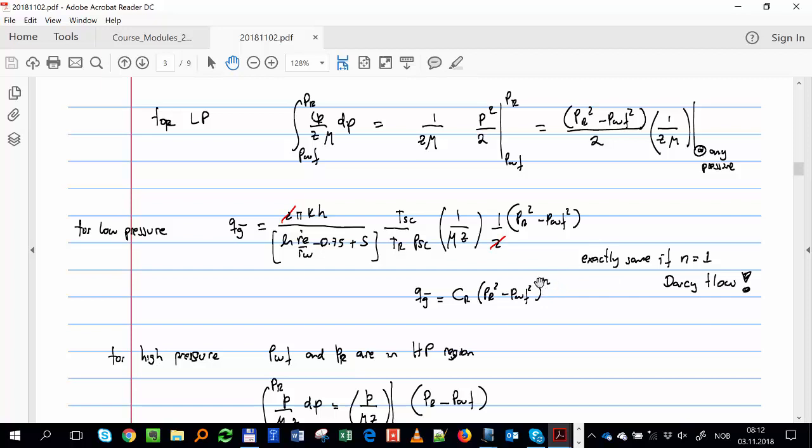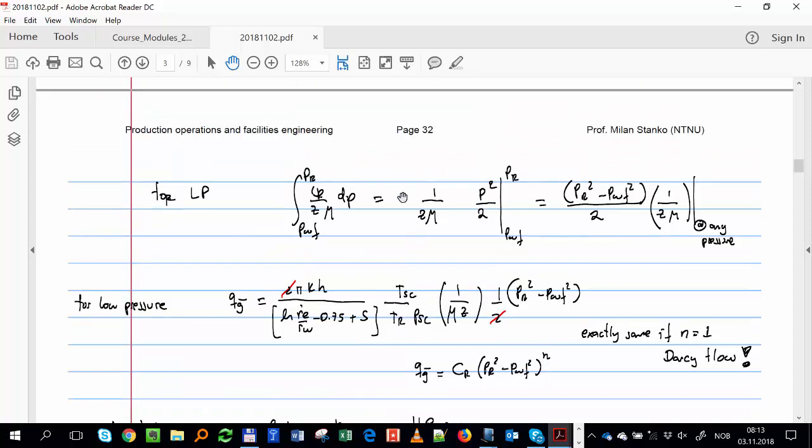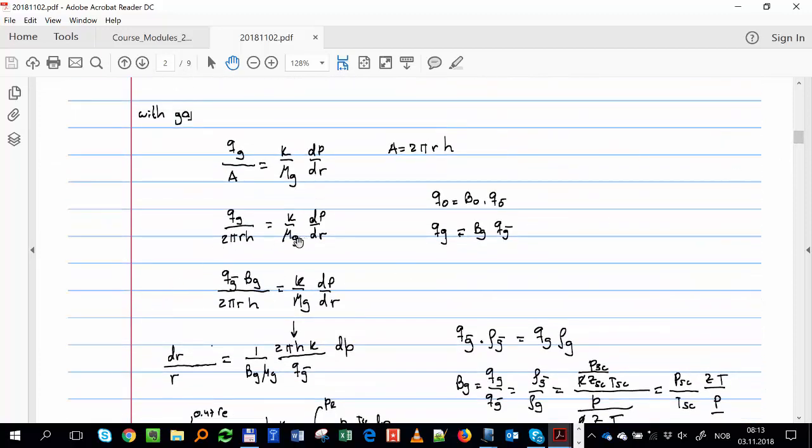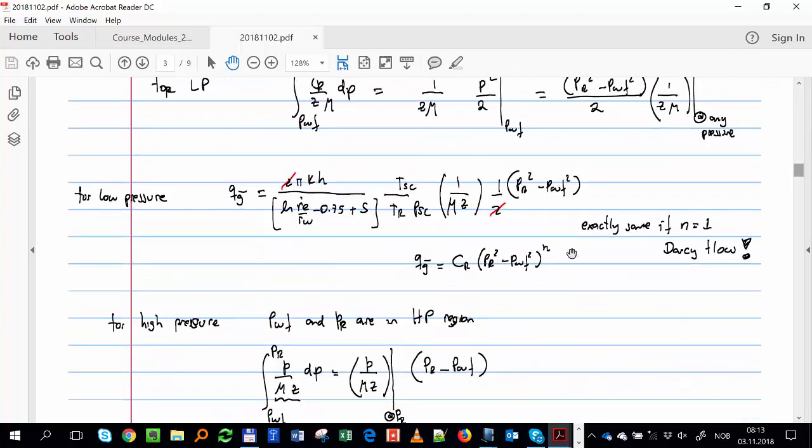And the main difference is the n. We mentioned that n is between 0.5 and 1: 1 if it's Darcy, 0.5 if it's turbulent. In this case, we are departing from the Darcy law expression, so it makes sense that for our case, n equals 1.